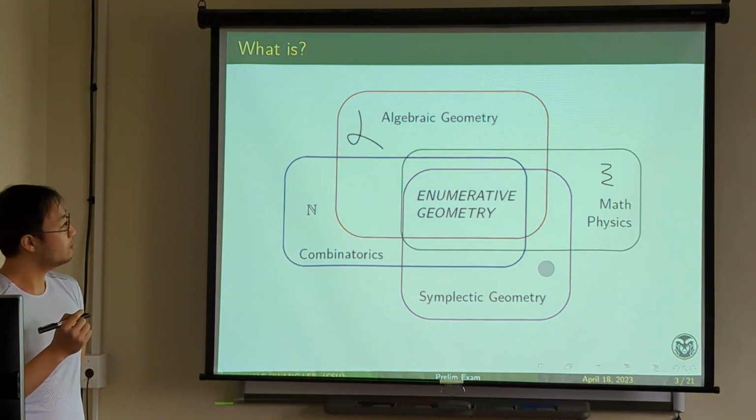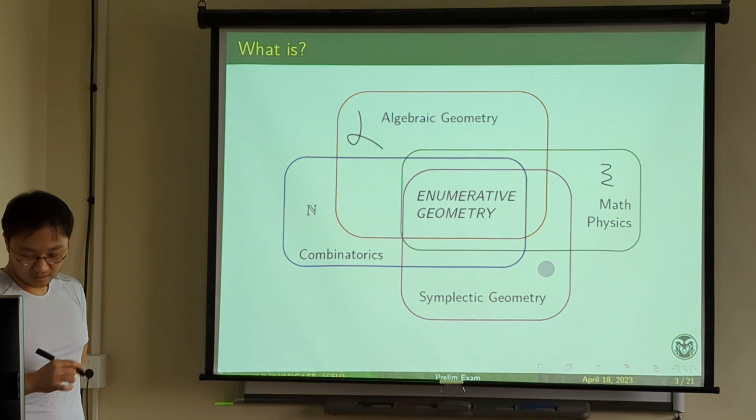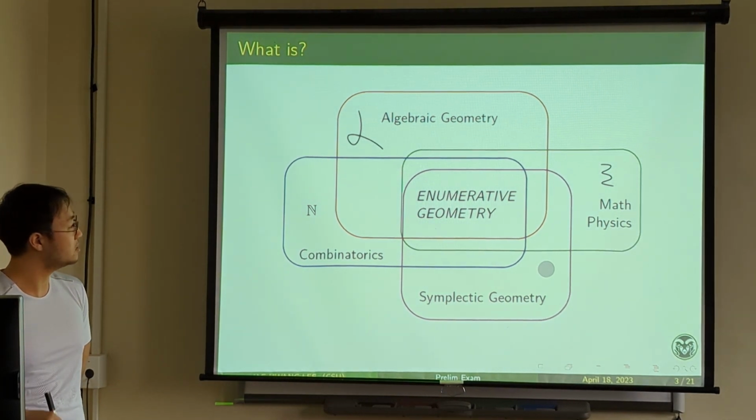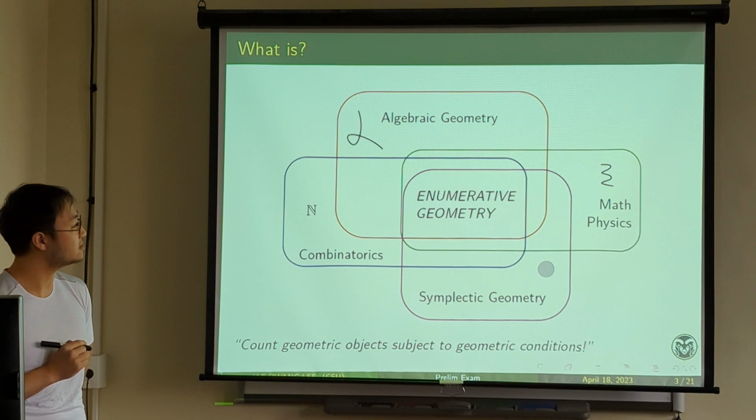What they do is count such curves, which are like strings, and then it boils down to combinatorics. So enumerative geometry is the study of counting geometric objects subject to geometric conditions.